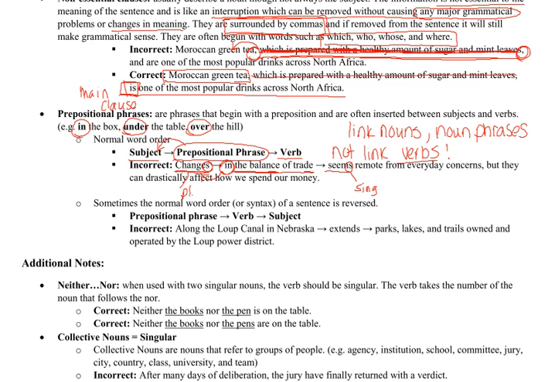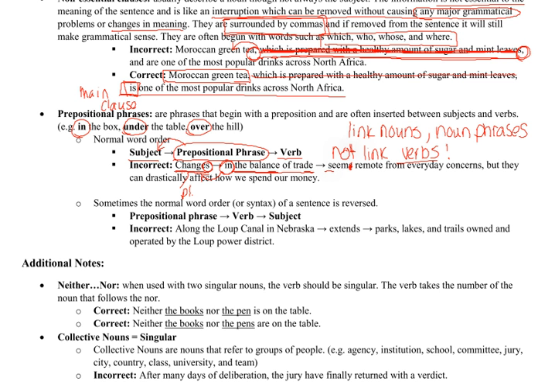So if we have a plural subject, we need to change our verb so that it matches our subject. We need to make our verb plural, and we do that by getting rid of that S. Changes seem remote from everyday concerns, but they can drastically affect how we spend our money.